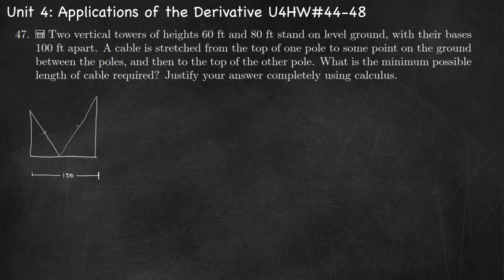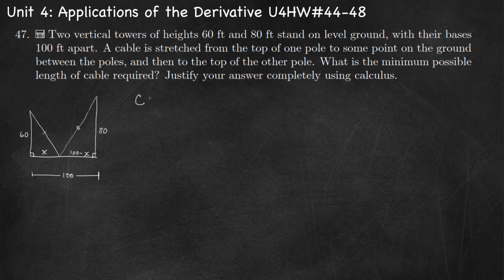So this plus this. We'll let this distance equal x, the distance from the 60-foot tower to the point on the ground where the cable is attached. And then that means in this other triangle, this length is 100 minus x. We know the other legs of the triangles, it's 60 and 80. And from that, we can get the hypotenuse of each one of these triangles since they are right triangles.